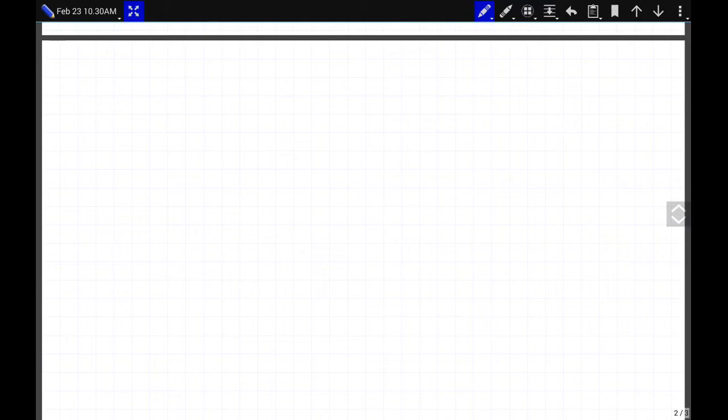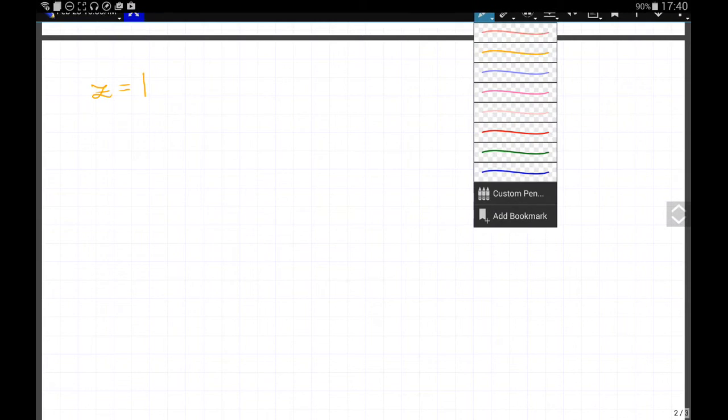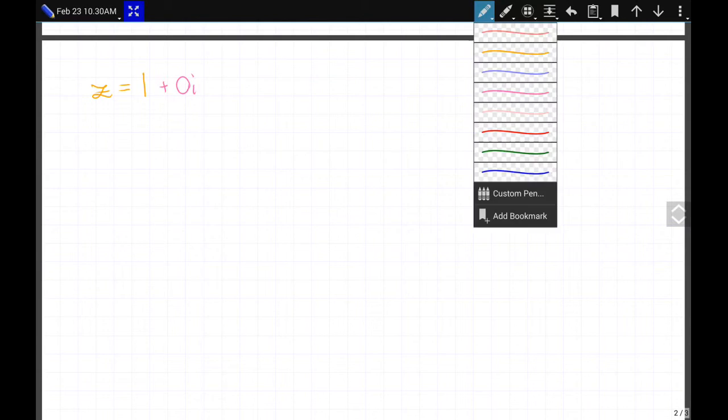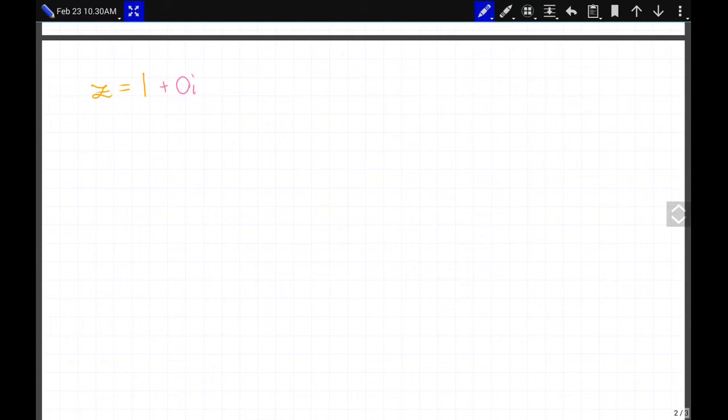Now say z is equal to 1. It is a complex number because we can write it also as 1 plus 0i. And if we draw it, we have our imaginary axis and the real axis. This is 1, so this is our z.